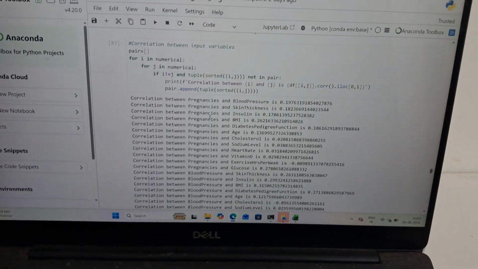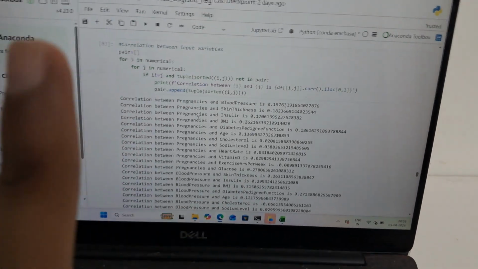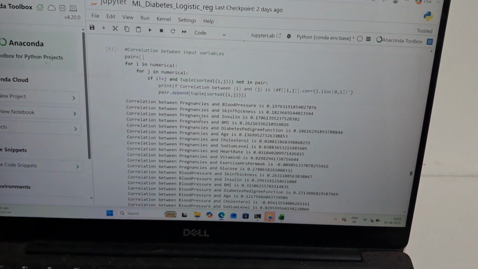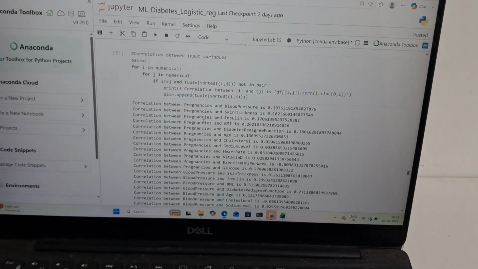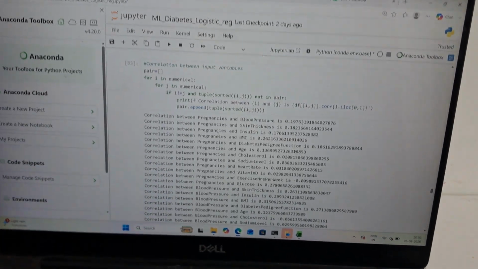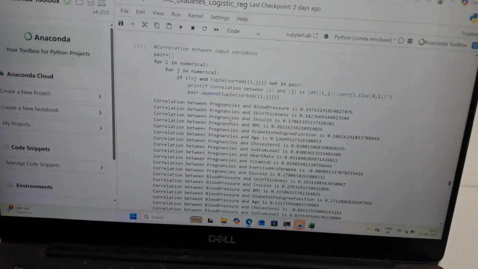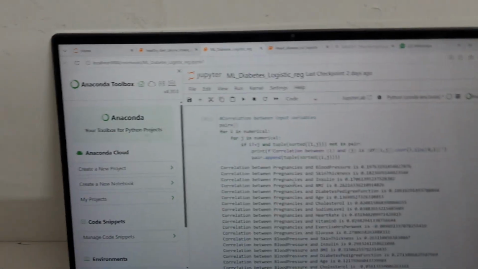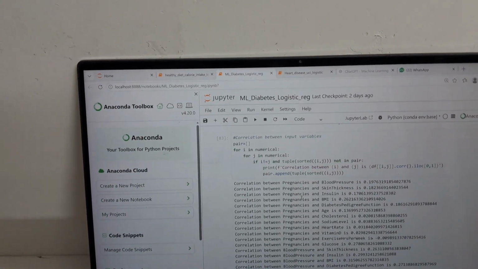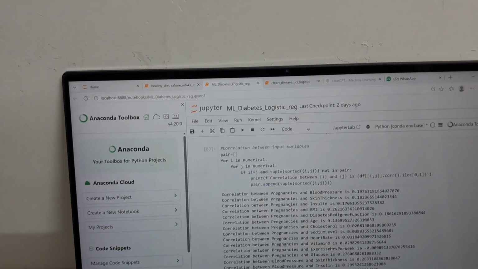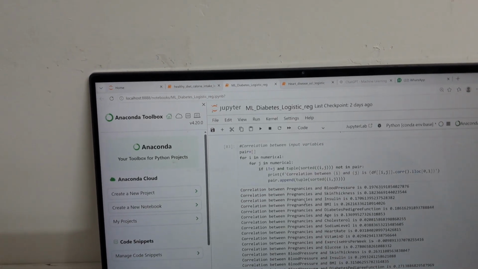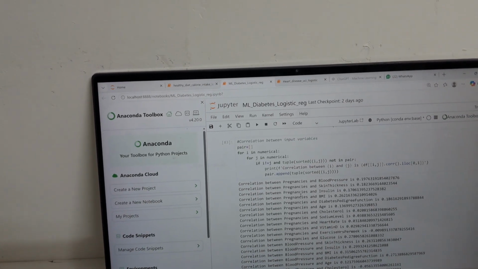The reason is that if two input variables are less related, so there is very little relation between them, then I must take those input variables. If two input variables are highly correlated, meaning if one input variable increases, the other also increases.